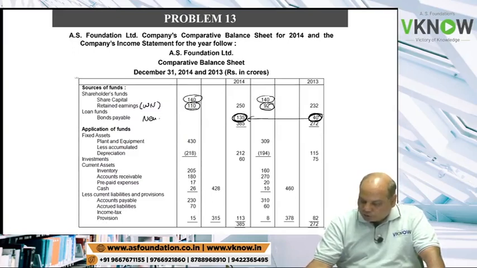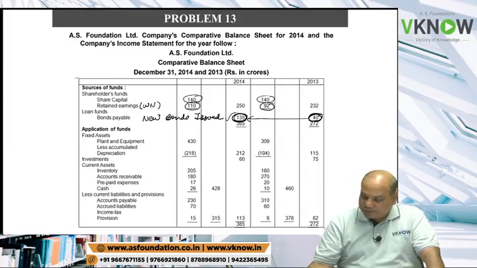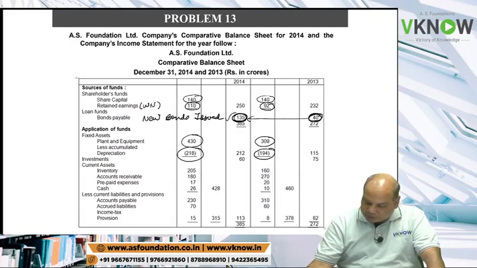So new bonds were issued, because closing is more than the opening. Fixed assets, opening, closing, accumulated depreciation. So this also you tick mark. There seems to be some adjustment in this.